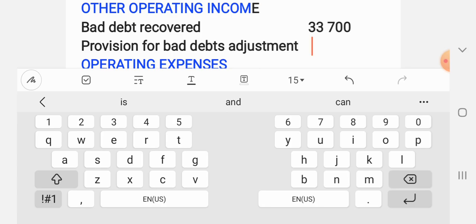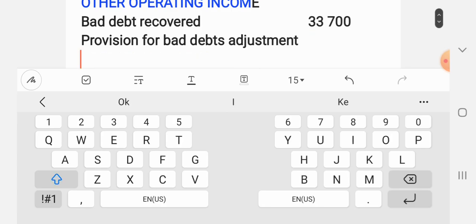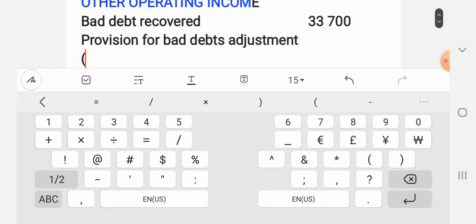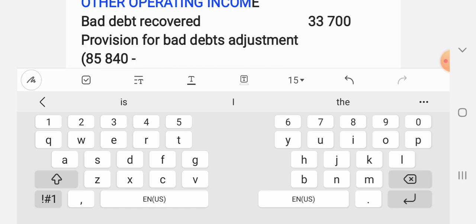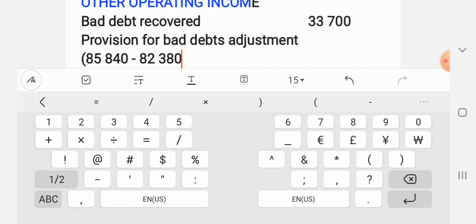and for that I'll just write the calculation here, which is 85,840 subtract the 82,389. So how did you get this one?